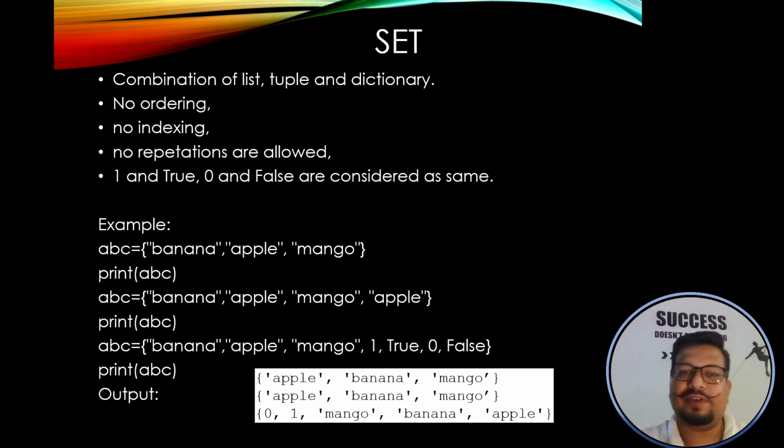Then we started with lists. We have seen how the list is the flexible data type of Python. Also, we have seen tuples, that is a read-only list. Also, we have seen dictionaries, which can be considered as hash tables, and a set, which is a combination of your list, tuples, and dictionary. So I hope you guys are clear with these data types.